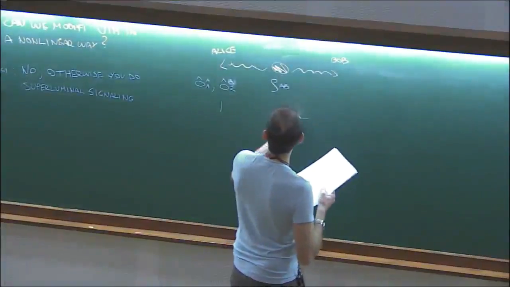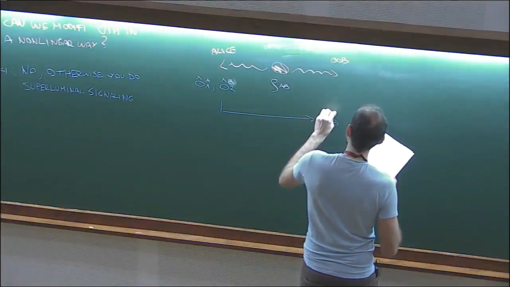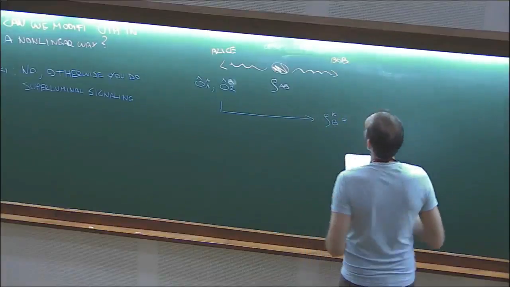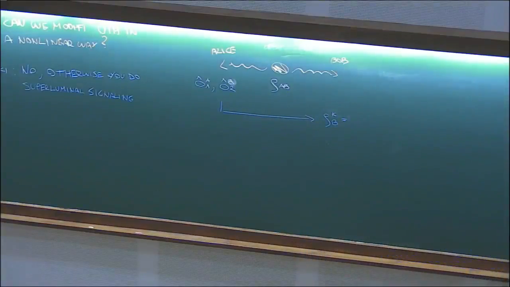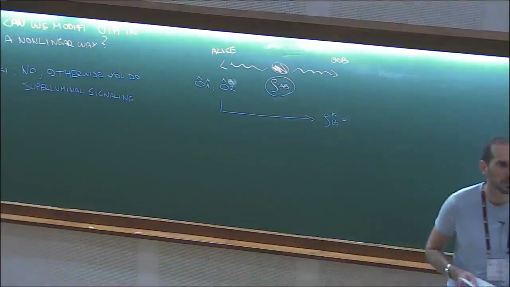So after the measurement, what happens? How does the state for Bob change after the measurement? Before, there was an entangled state, which evolves the way it evolves.